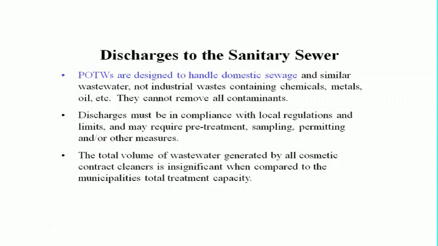The total volume of wastewater generated by all cosmetic cleaners is insignificant when compared to the municipalities and their total treatment capacities. I talked about the economic revenue stream. While that's the best way and gets the highest compliance for the NPDES permit, is allow the contract cleaner to discharge into the sanitary sewer systems.